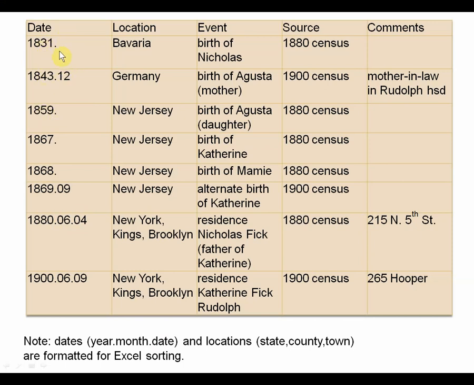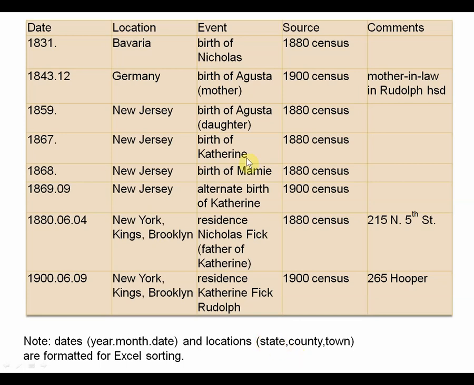If I do not have a month or a date, that is fine. This format will still sort them into the right order. For locations, I have them by country, then state, then county, and then town, though most of my work is in U.S. research, and so I leave out the country.